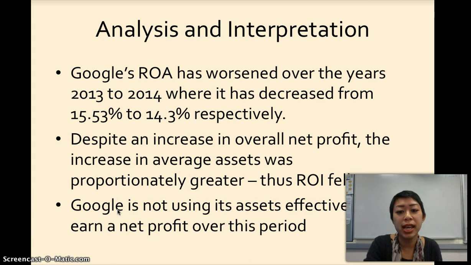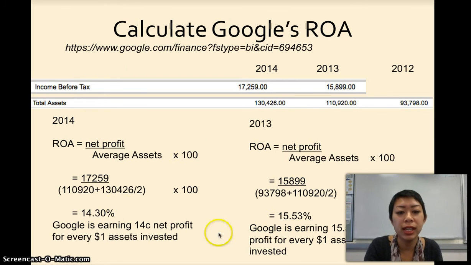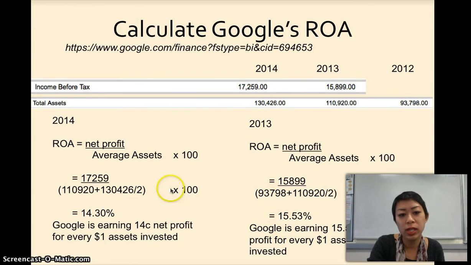Google is not using its assets effectively to earn a net profit over the period. So looking at the figures again, a greater net profit, but assets have increased proportionately more. So as a percentage, the use of assets has not been as effective.